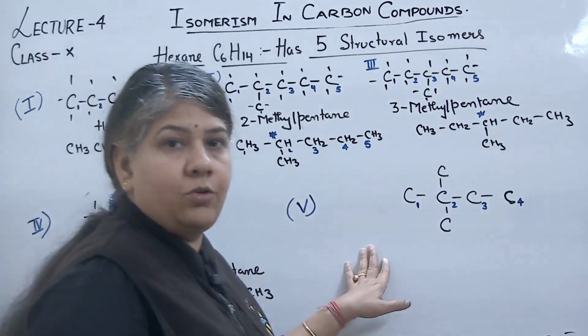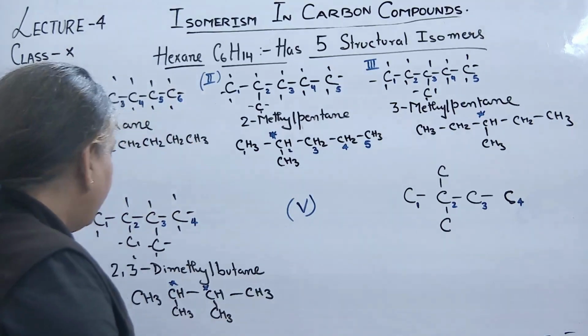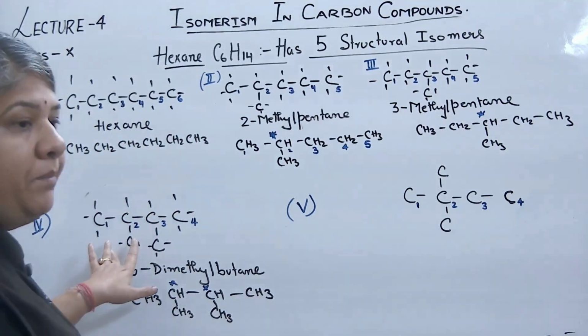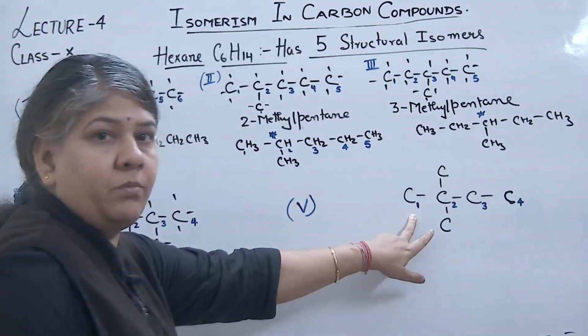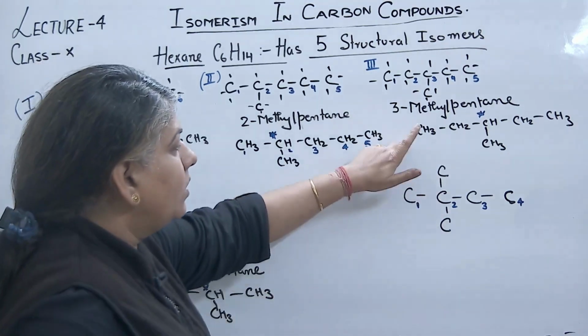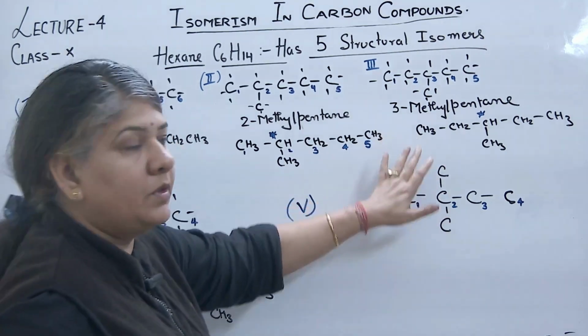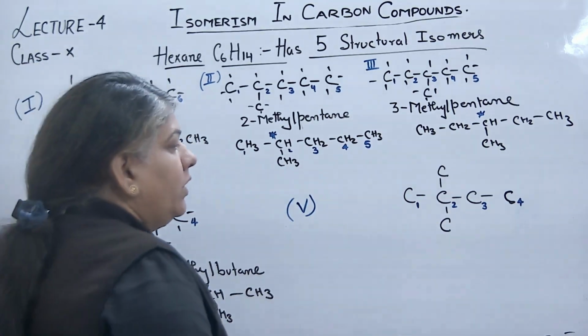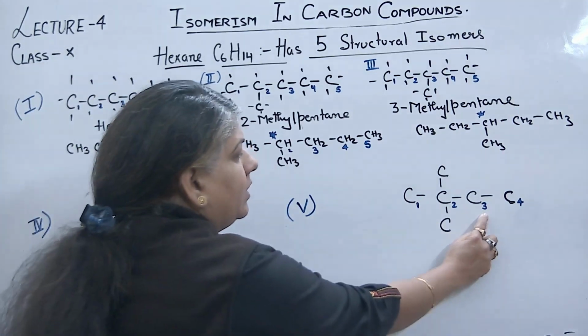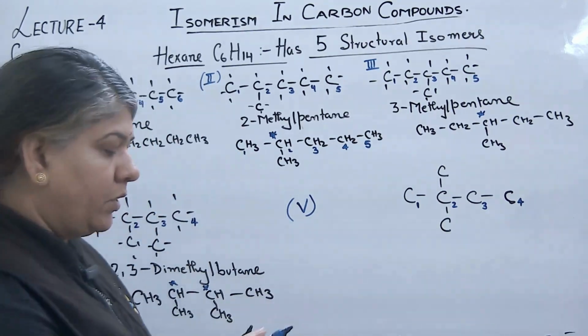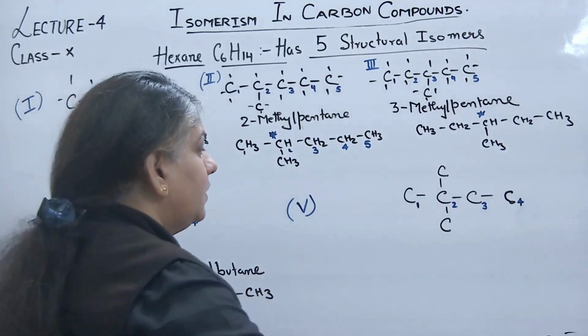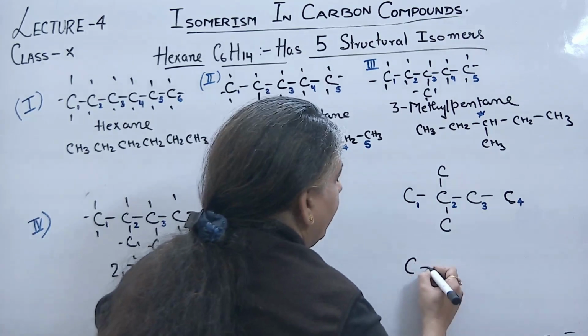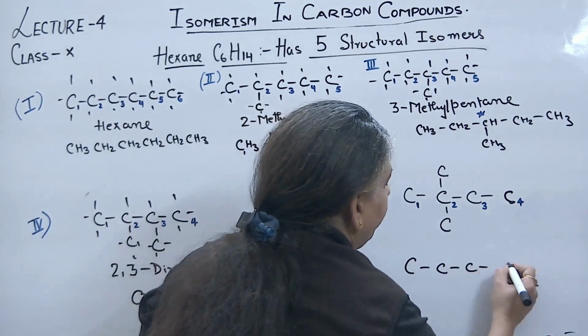Now the next isomer. Again, these 2 carbons can be arranged in this form. That is, they can be placed on the same carbon atom at carbon number 2. So if you think you can place it here, it will be the same compound. You won't get a new compound. See what I'm trying to tell you. 1, 2, 3, 4.